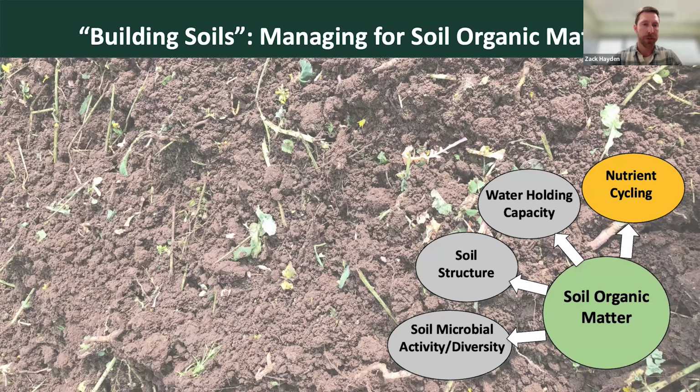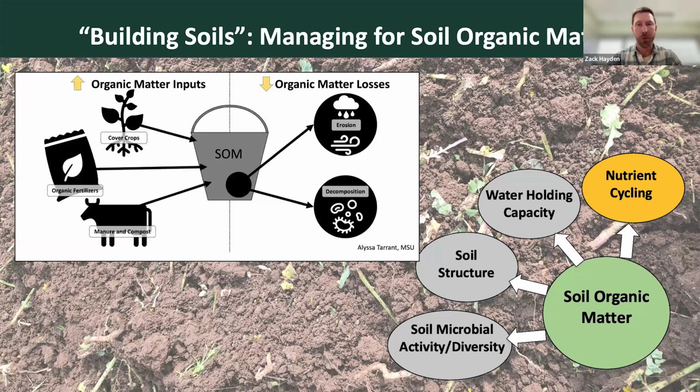So if we're going to build soils over time and build organic matter, there's really two basic ways to do it, right? We increase organic matter inputs or we reduce organic matter losses. Reducing losses through erosion or decomposition is usually things like reduced tillage.